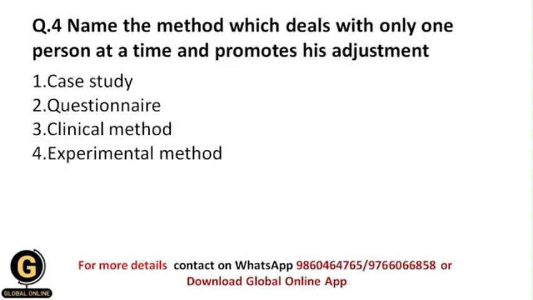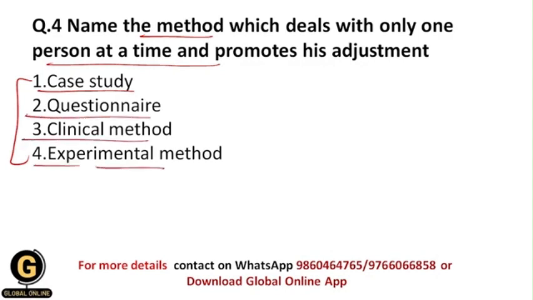Okay, next is: name the method which deals with only one person at a time and promotes his adjustment. So from these methods, which is the method which deals with only one person at a single time, and also promotes his adjustment? Whether it is case study, questionnaire, clinical method or experimental method.